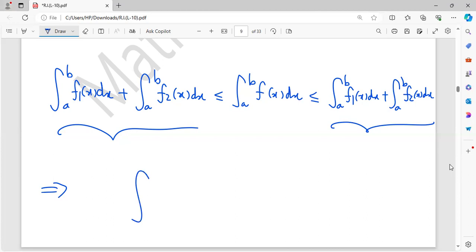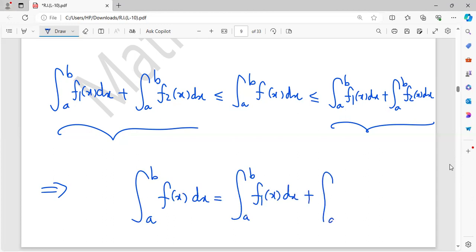So this implies the integral from a to b of f(x) dx equals the integral from a to b of f1(x) dx plus the integral from a to b of f2(x) dx.